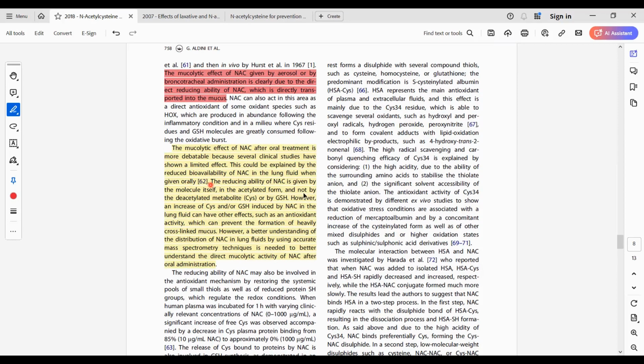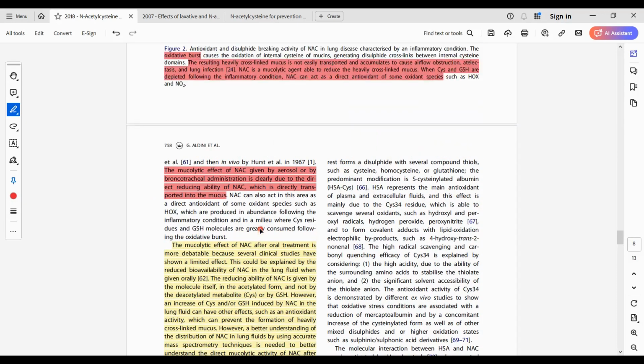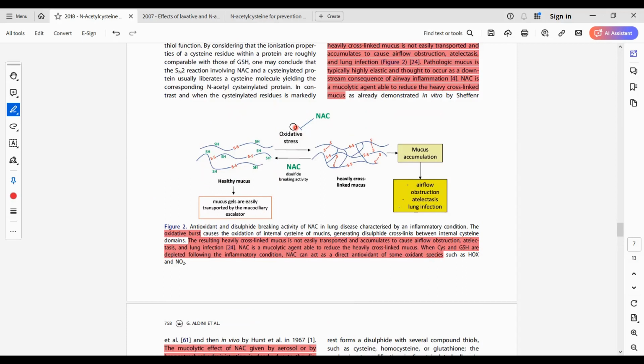The reducing ability of NAC is given by the molecule itself in acetylated form and not by deacetylated cysteine or glutathione. So this is saying the mucus busting qualities of NAC is the NAC. It's not when it turns into cysteine or glutathione. So the NAC is what's doing it. However, an increase of cysteine and or glutathione induced by the NAC in the lung fluid can have other effects such as an antioxidant, which can prevent the formation of heavy cross-linked mucus, which we showed up here, right?